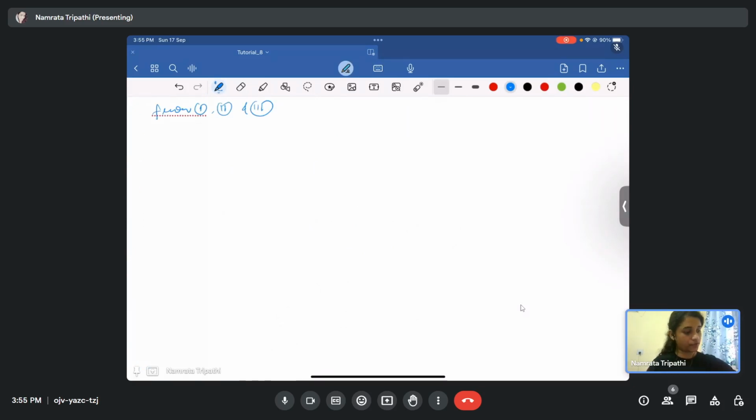You have to substitute the value. 2 uxx. What is the value of uxx? From equation 1, the value of uxx is u xi plus 6 u xi eta plus 9 u eta eta.